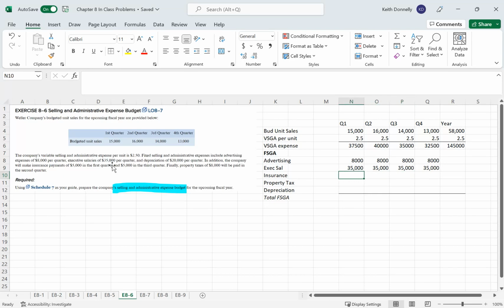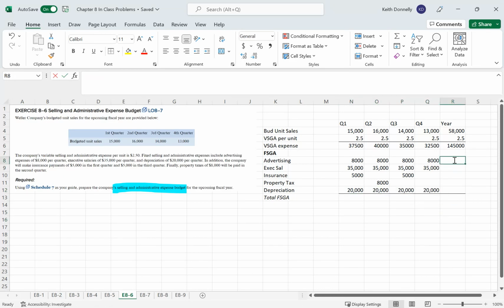So we'll have $5,000 in the first, $5,000 in the third, and then it says property taxes of $8,000 will be paid in the second quarter. Then depreciation is $20,000 per quarter. So we can copy that over.